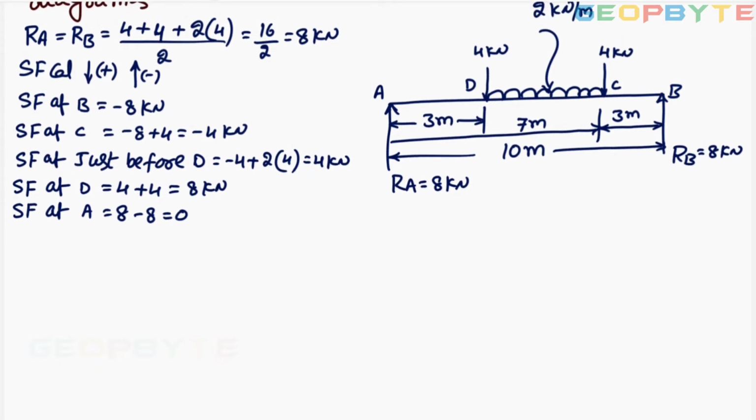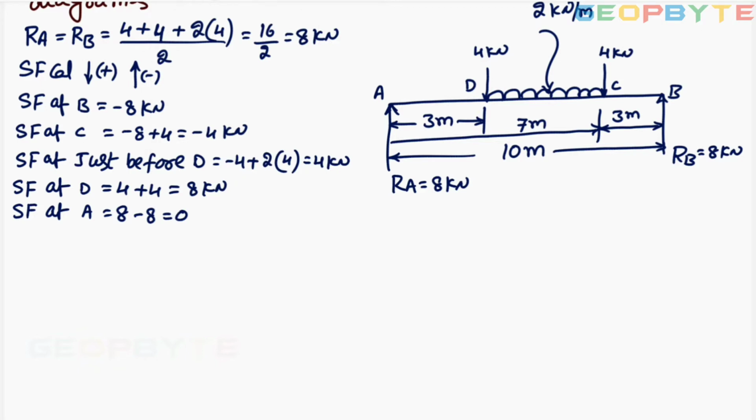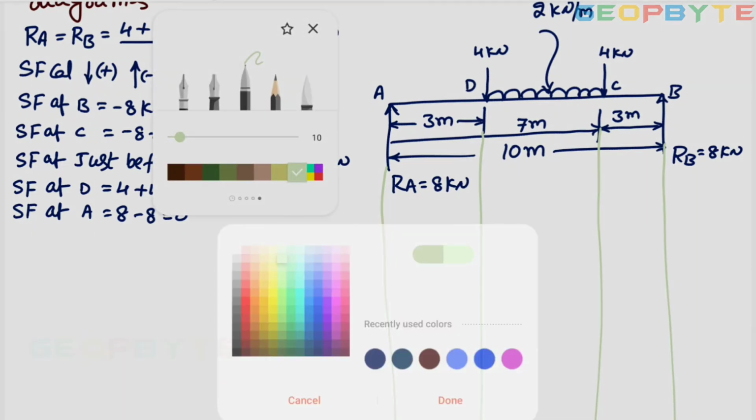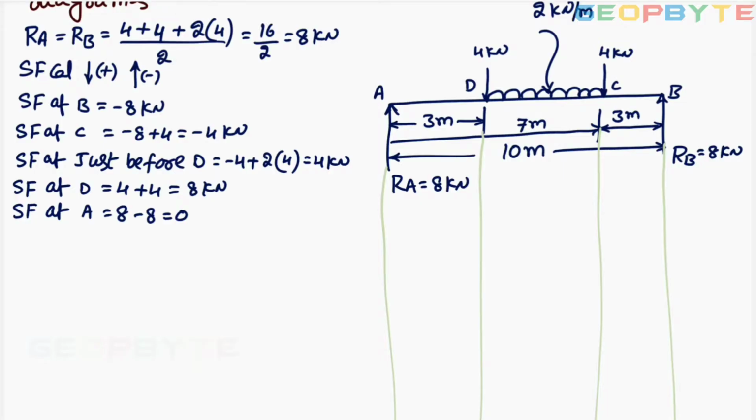Now let us construct the shear force diagram. For that you need to project the vertical lines from the respective points. Take a reference line, A, B, C, D. Above the reference line, I am going to take the positive values, below, negative values.